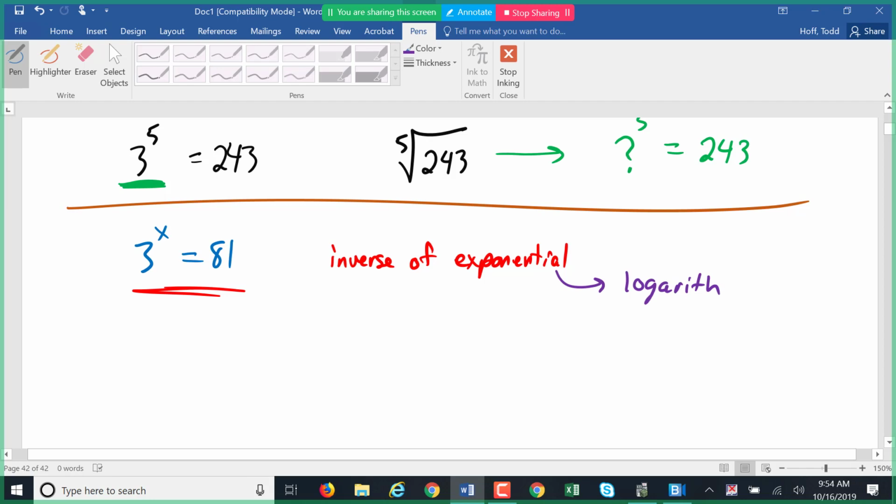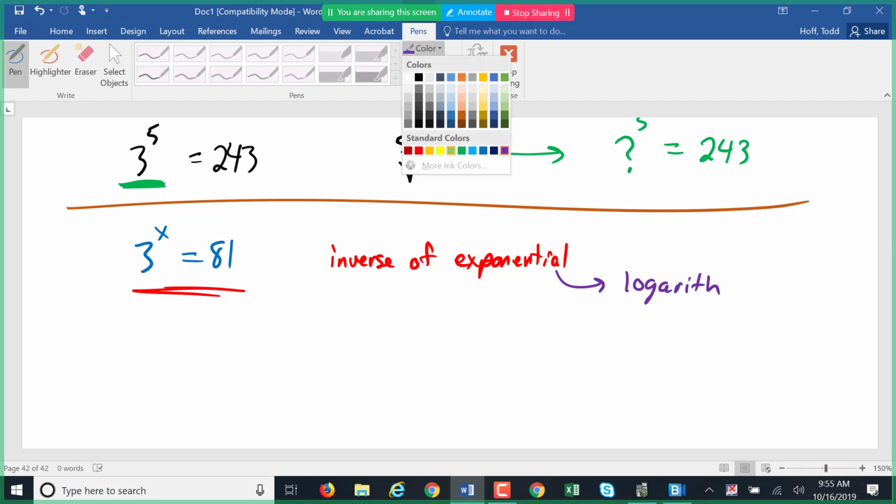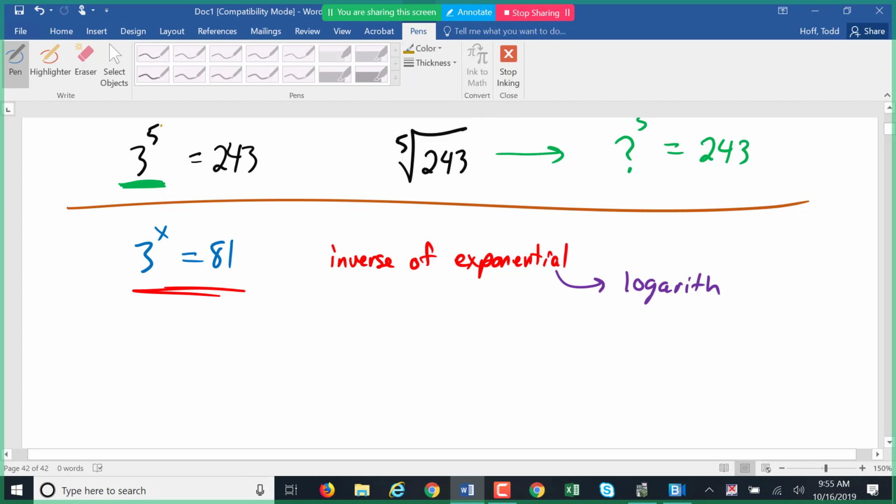So the logarithm, first of all, has to take into account the base of the exponent. When we were doing powers and roots, remember it was the power that defined the base of our radical, the base of our root. Something to the power of 5 gave us a fifth root. Here it's not the power that we're trying to get rid of, it's the base of the exponent that we're trying to get rid of.